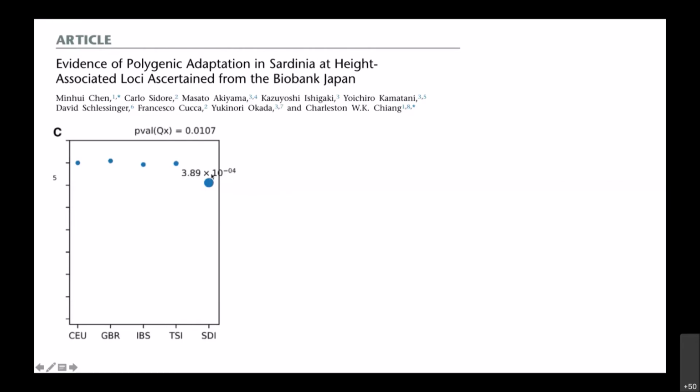When they did that and compared Sardinians, which is this dot right here, to mainlanders, they do find a significant difference between them, rescuing some amount of this evidence for selection on height within the history of European ancestry populations. Now, why was choosing effect sizes from the Biobank of Japan a good idea?